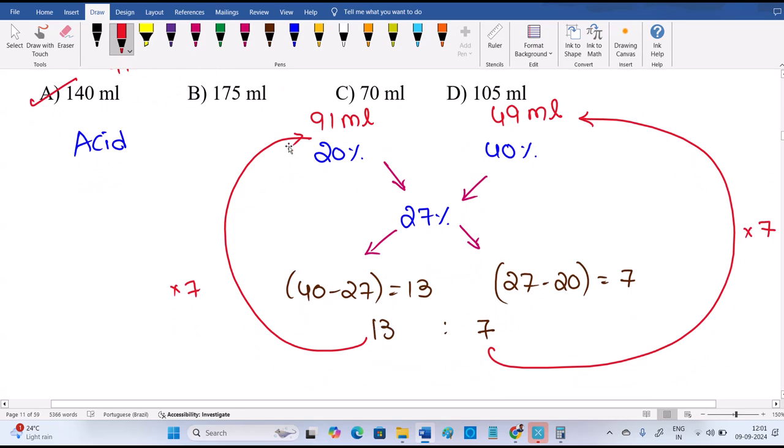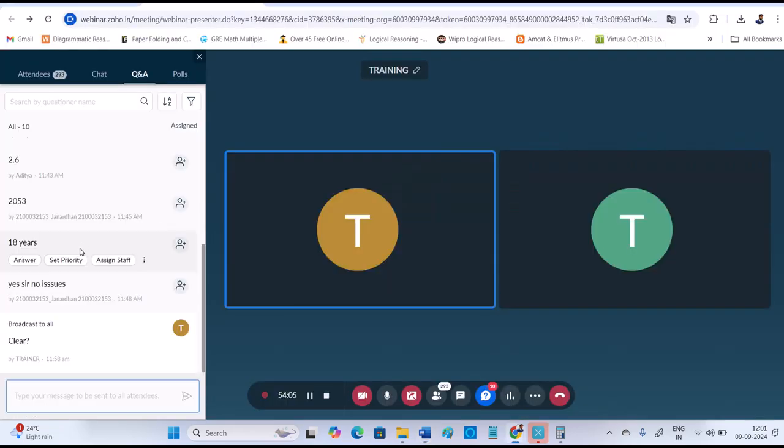This 13 should represent into 7, 91 ml. So initially 91 plus this 49, 140 ml is there. From that 49 ml removed and then replaced with 40% acid. It's mixtures and alligations related stuff. Hope I'm audible.